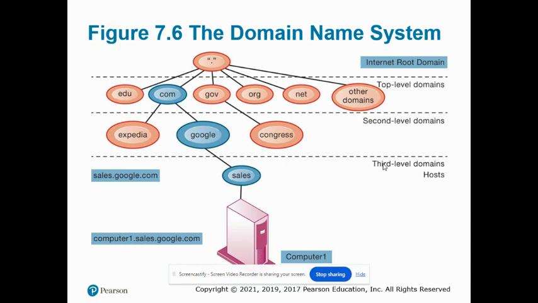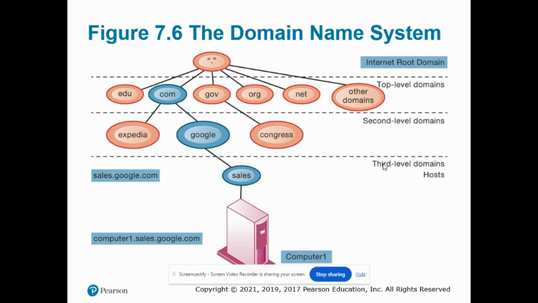The diagram depicts the domain name system. In the diagram, the internet root domain is the highest level of the name system. The top level domains include edu, com, gov, org, net, and other domains. Second level domains for .com include Expedia and Google.